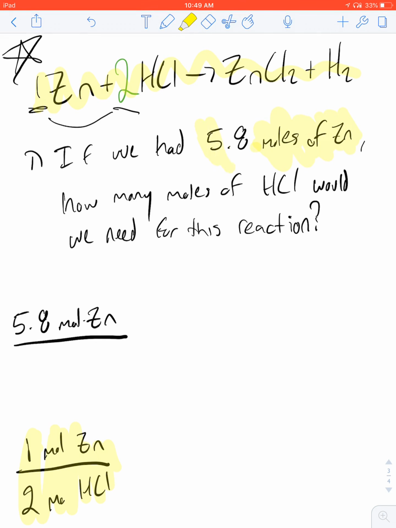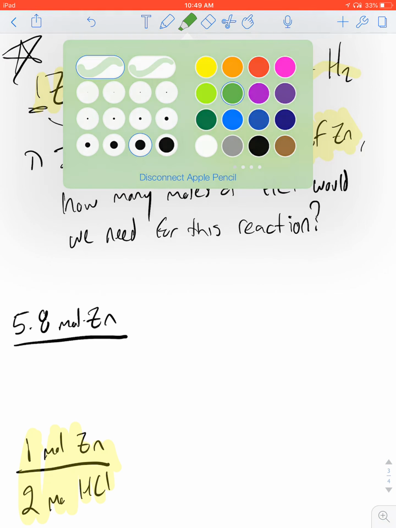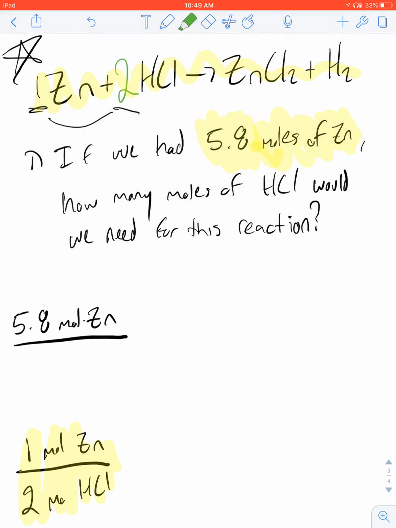Right? We're told that we have 5.8 moles of zinc. Looking further in the question, we can see where we want to end up. We want to end up with moles of HCl. So now we know where we want to start and where we want to end. We'll start with moles of zinc, what we're given, and we're going to end with moles of HCl. How many moles of HCl do we need to make this reaction take place?